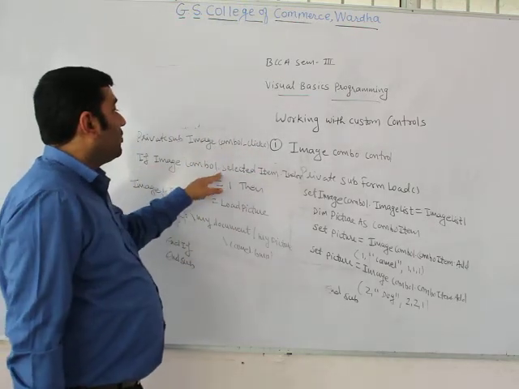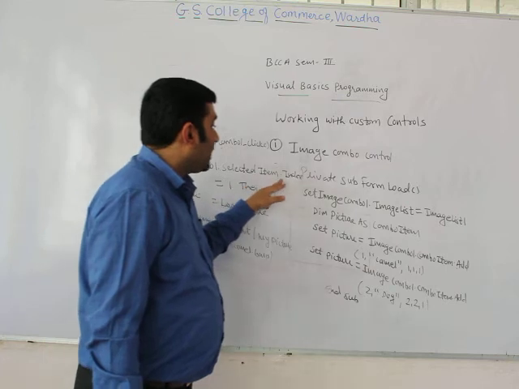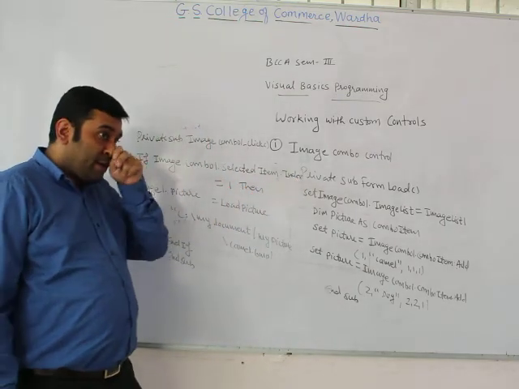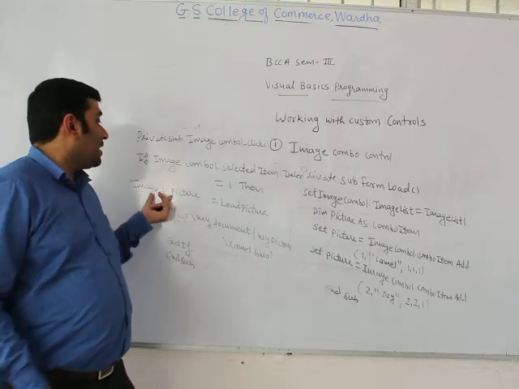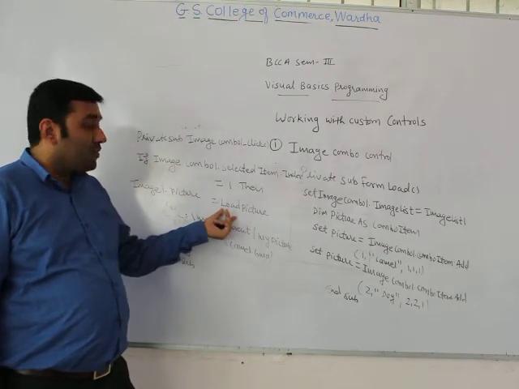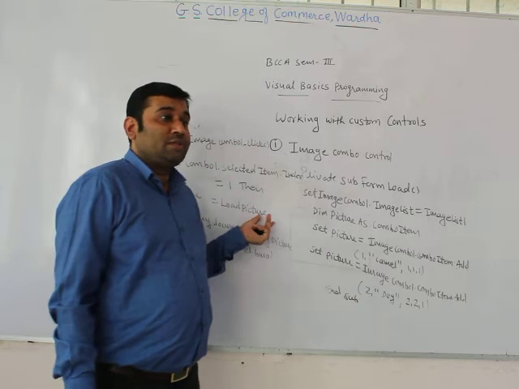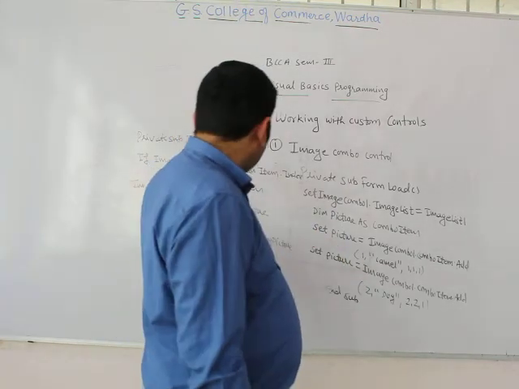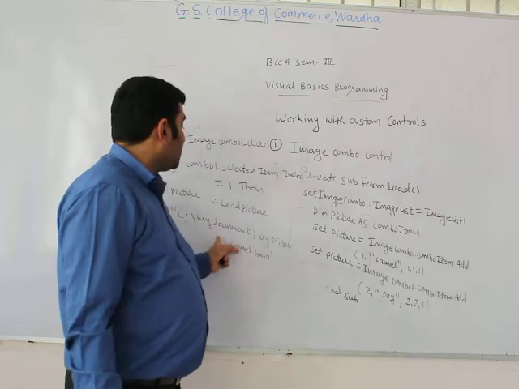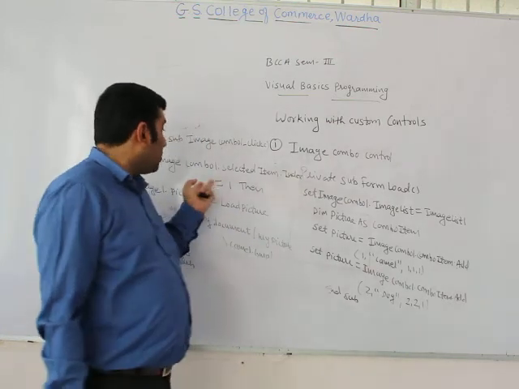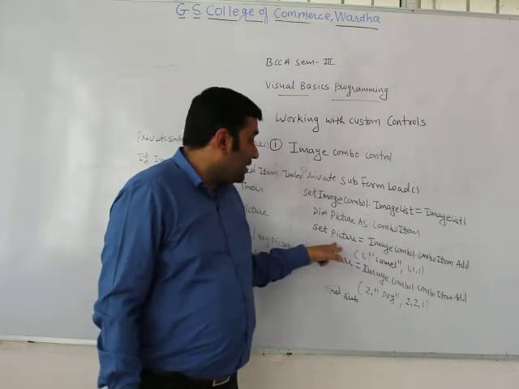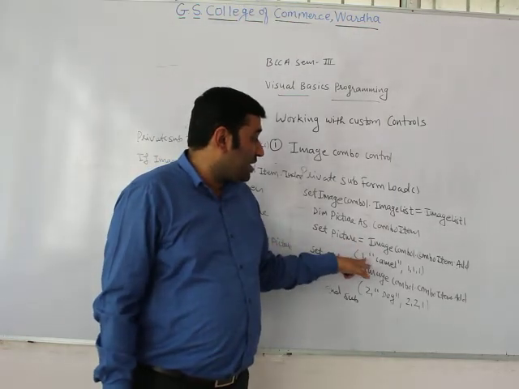If image combo 1 dot selected item dot index equal to 1, then image 1 picture equal to load picture. Whichever picture is found in the C drive is loaded when you select the item 1.